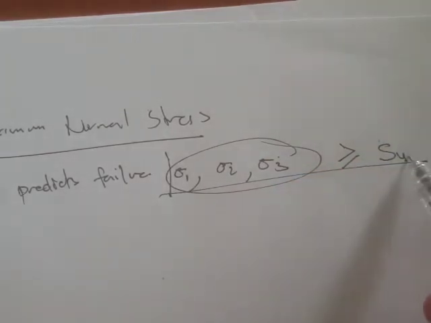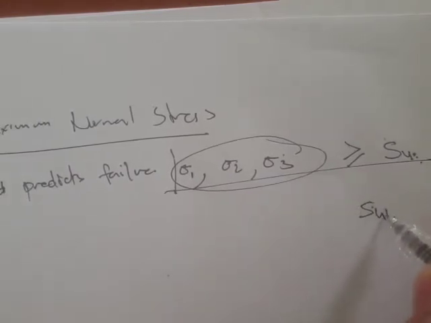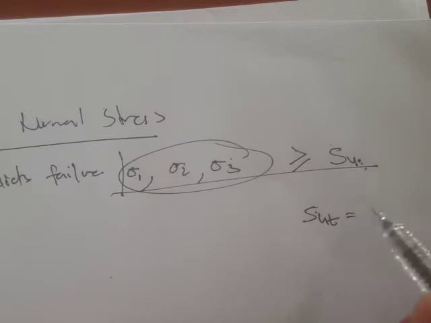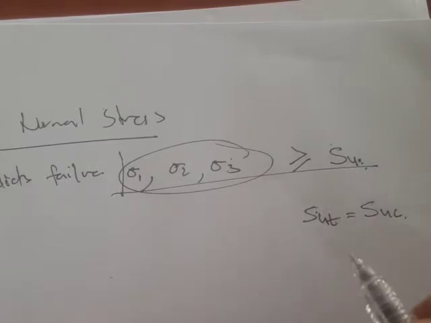And since we can have ultimate strength in tension and in compression, for some materials they have the same ultimate strength in tension and ultimate strength in compression. But there are also other materials, such as brittle materials, that are not equal. The strength in tension is not actually equal to the strength in compression.